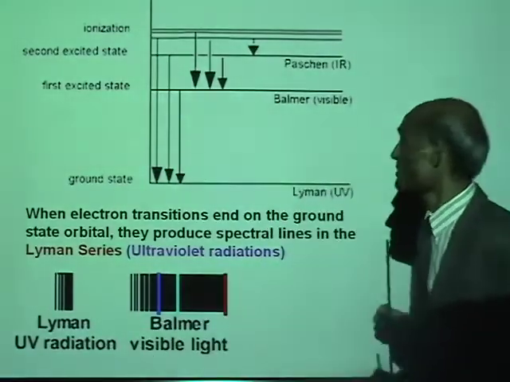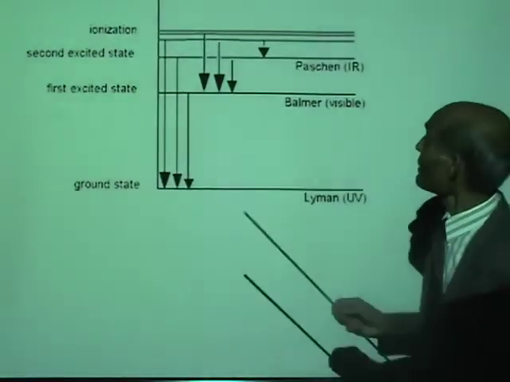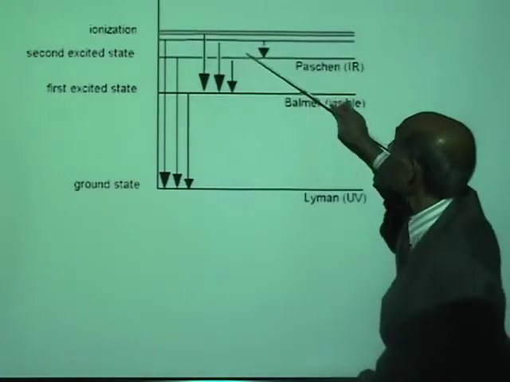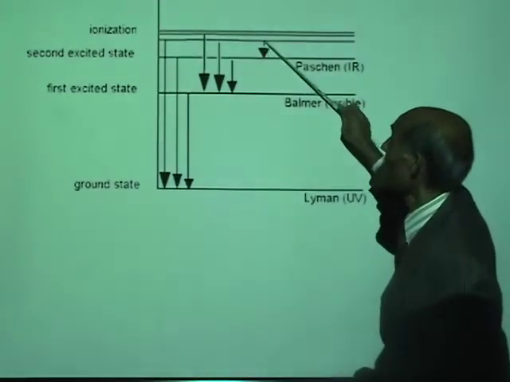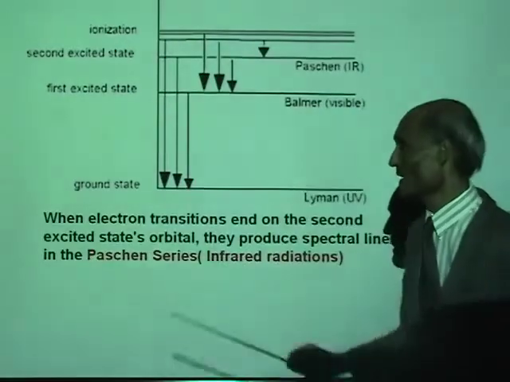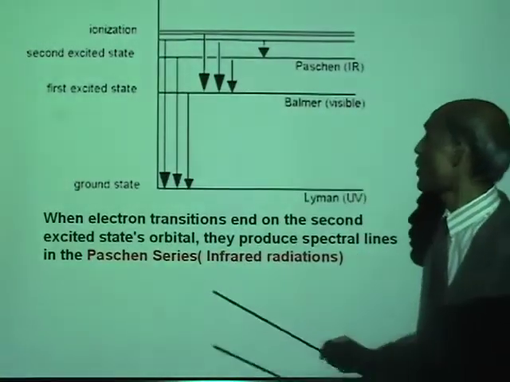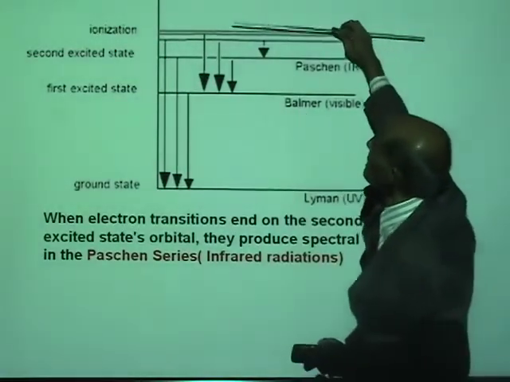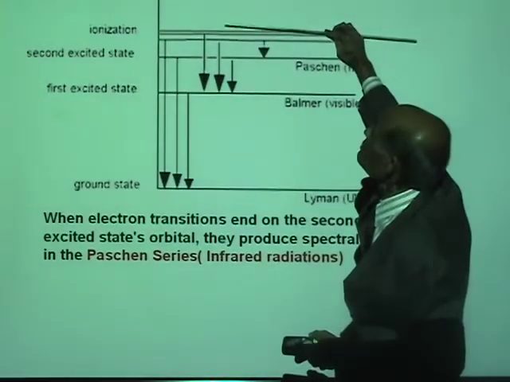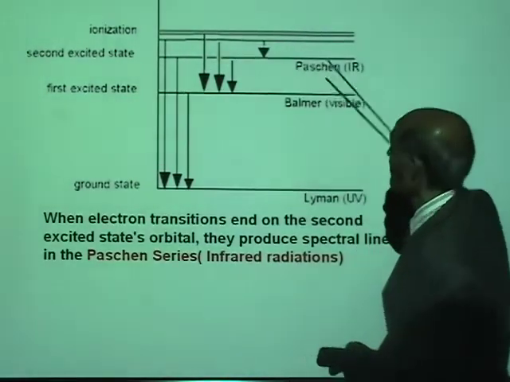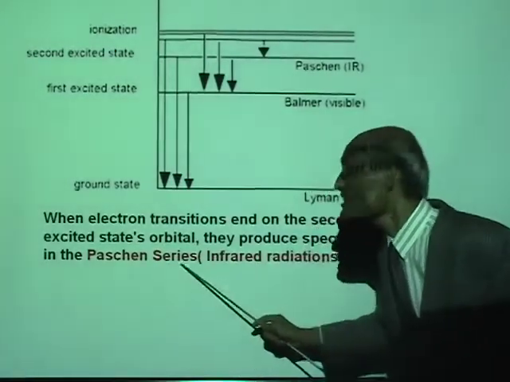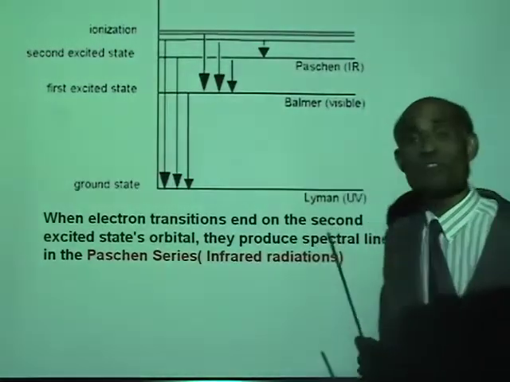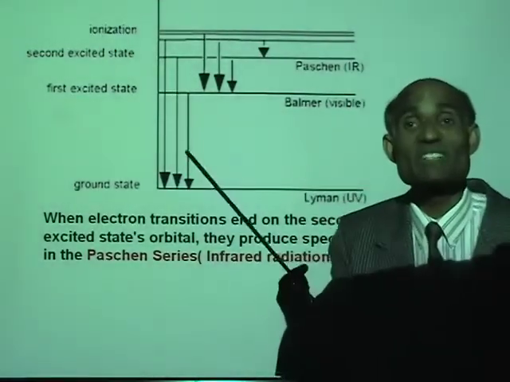They are ultraviolet radiations. On the other hand, if electrons jump from outer excited state to n equal to 3 over here, that energy will be very small. When electron transitions end on the second excited orbital over here, electrons jumping from any of the outer orbits to n equal to 3 give a third series of radiations called Paschen series, and that is the infrared radiations or heat radiations.